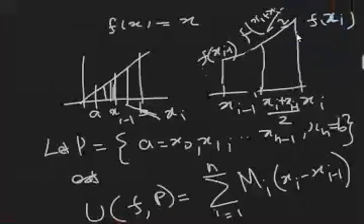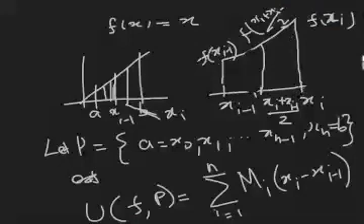Since this function is increasing, f(x_i) is the maximum of f on this interval, and f(x_{i-1}) is the minimum of f.